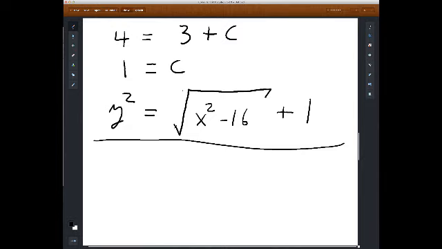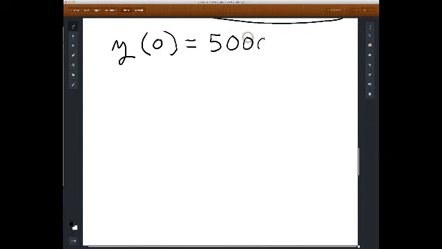Okay, so let me write down the information that we have. Let's use y to represent the amount. So we have y at time 0, when this whole thing starts, is 5,000. Now, in your text, there's this differential equation, dy/dt, when something is growing with respect to this model.